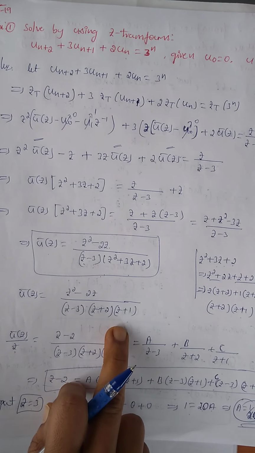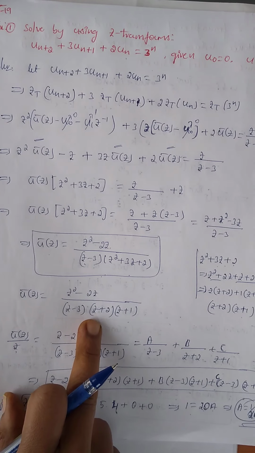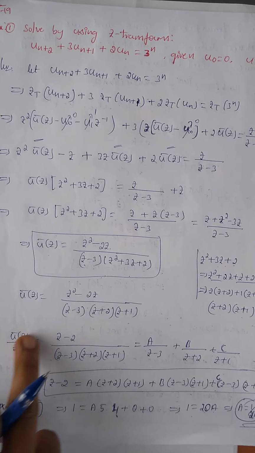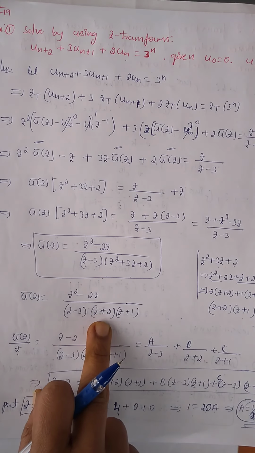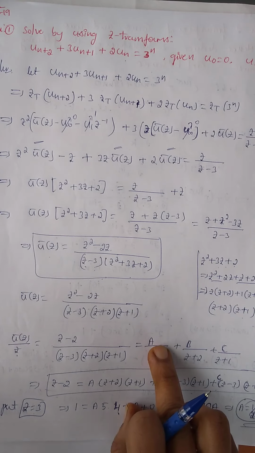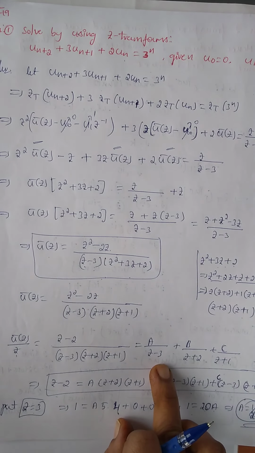Then we have to simplify by applying partial fractions. If the denominator has linear distinct factors, we take the U bar of z by z term. Suppose there is a repeated factor, we have to assume some numerator terms before applying the partial fraction procedure.